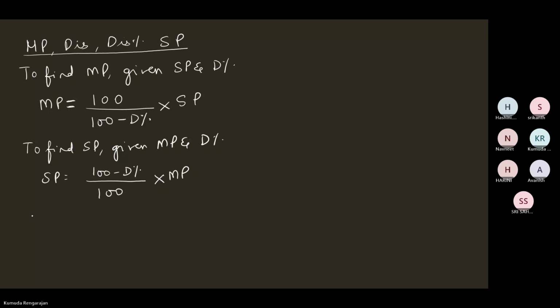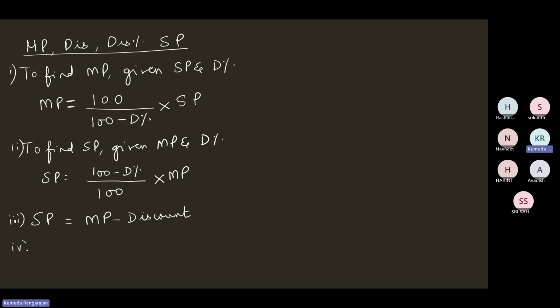These are all different things, okay? So this is one thing, this is another thing. You have to use the formula depending on what information is given in the question. So selling price is mark price minus discount in rupees.